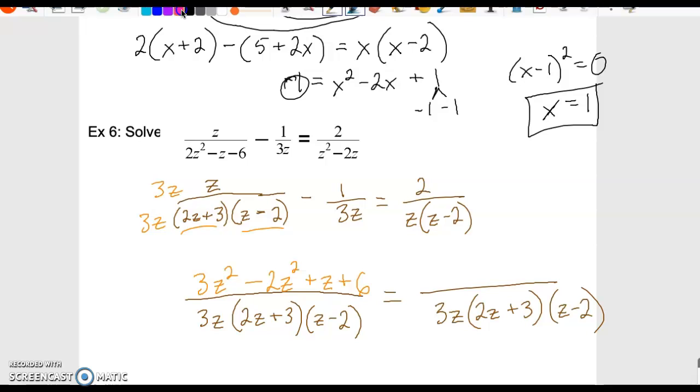Now if you look on the right side, we have a z and we have a z minus 2. What we're missing is the 3 and the 2z plus 3 that we would also have to multiply into the top. So this would be 6 that I need to distribute to each term. So it'd be 6 times 2 is 12z, and then 6 times 3 would be 18.